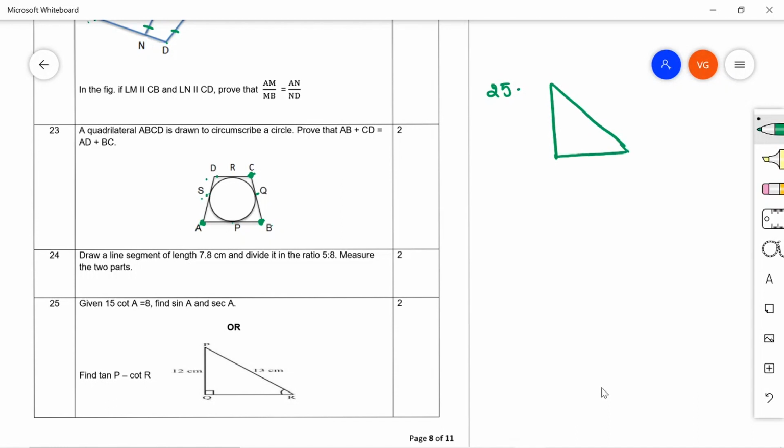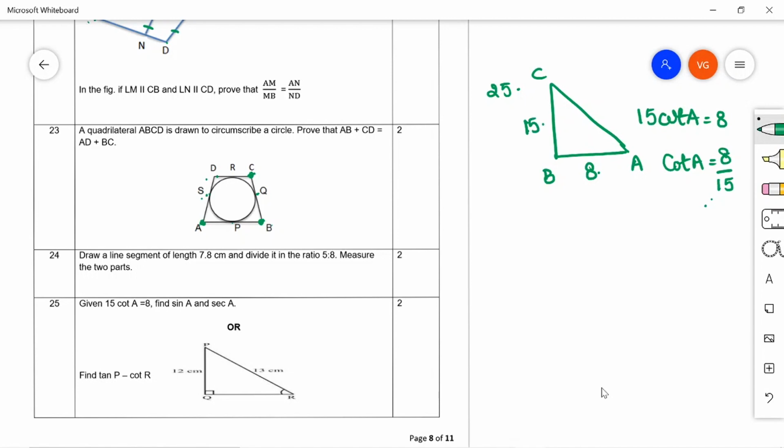Let us call this A, B, C. Cot A means adjacent side divided by opposite side. So 15 cot A is equal to 8, so cot A is 8 by 15. Adjacent by opposite, so adjacent side is 8 and this will be 15.